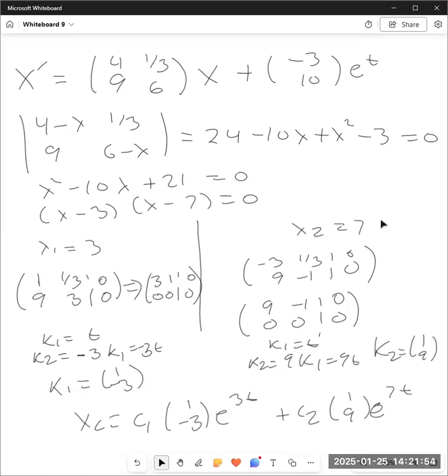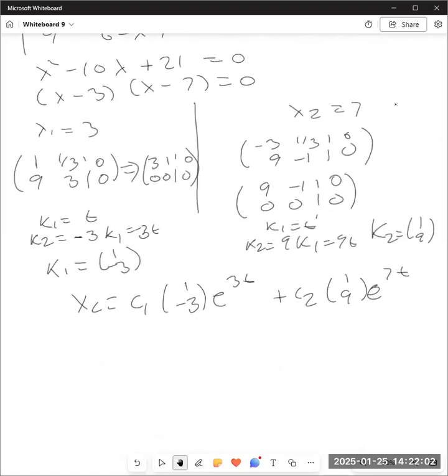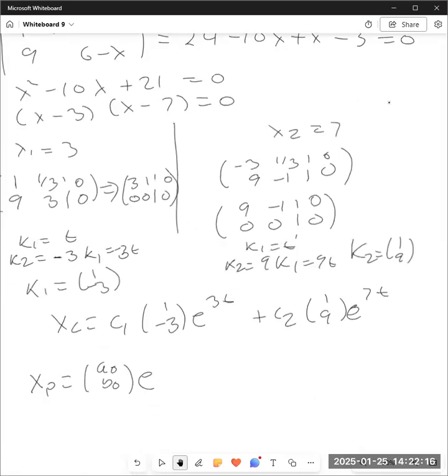Now I'm going to pick an xp of a constant vector times e to the t, xp equals [a0; b0] e to the t.